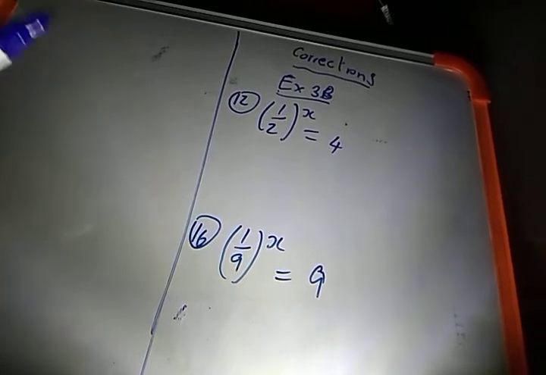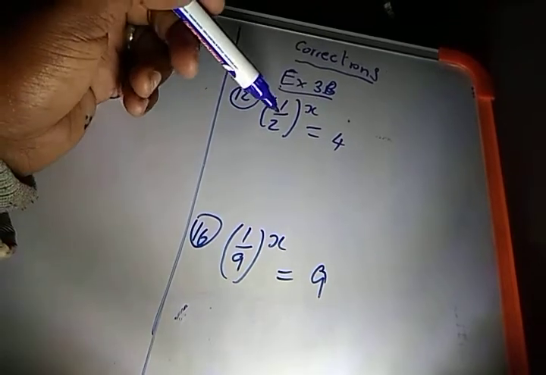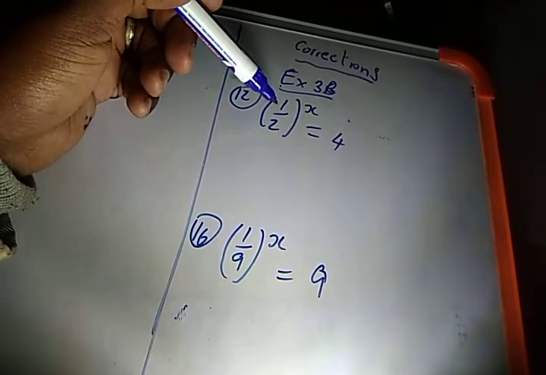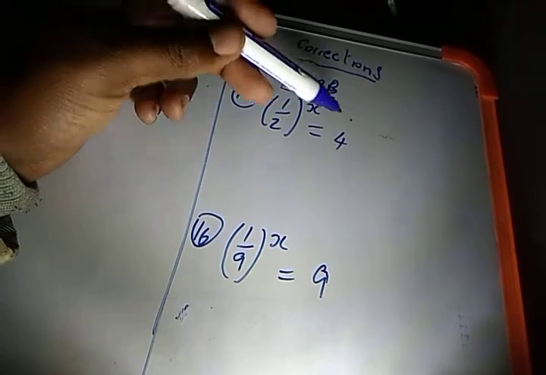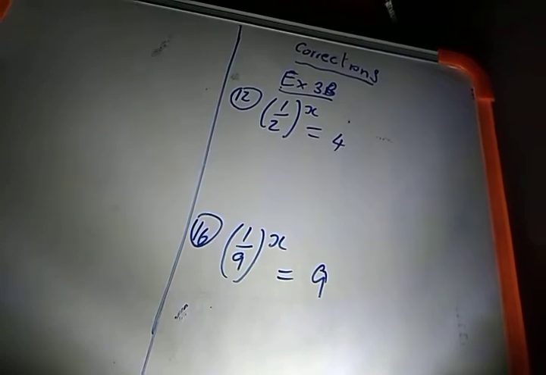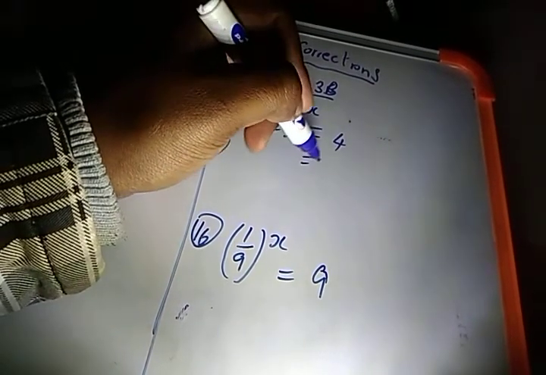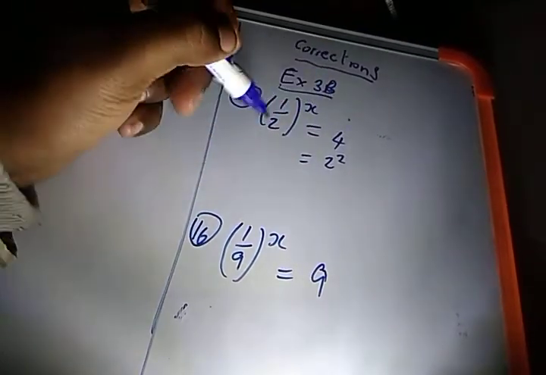Right, in the previous examples, we've had to look at the right hand side. It looks like here we'll have to manipulate the left hand side. So what we can do then is convert the right hand side into exponential form, which will be 2 to the power 2.